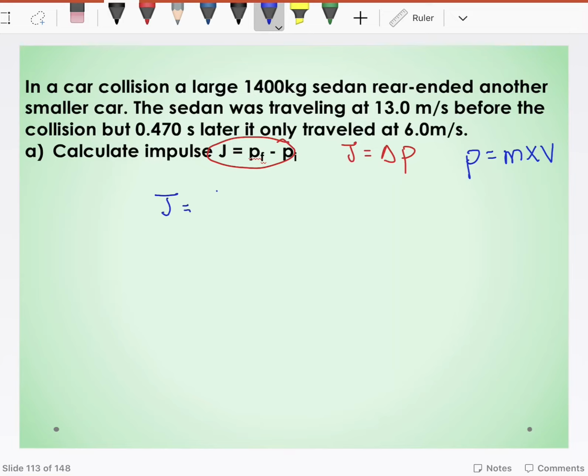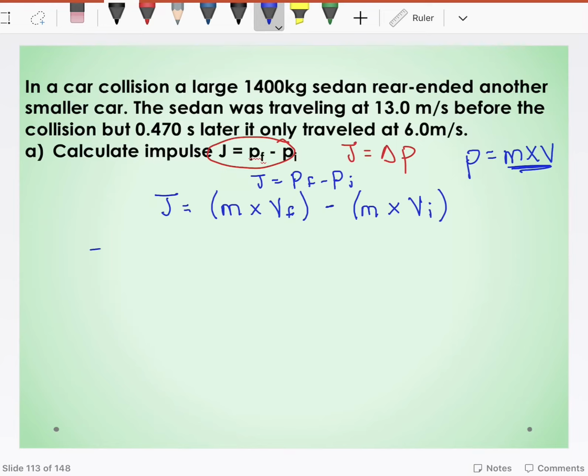Impulse is going to be equal to mass times final velocity minus mass times initial velocity. All I've done is expand the final minus initial momentum and sub in my momentum equation.